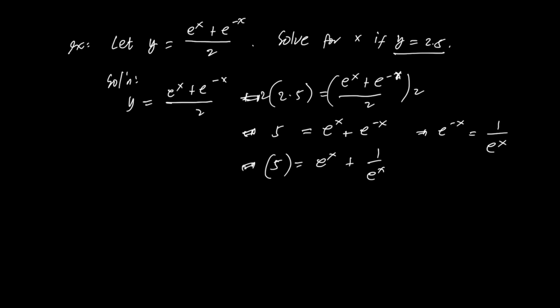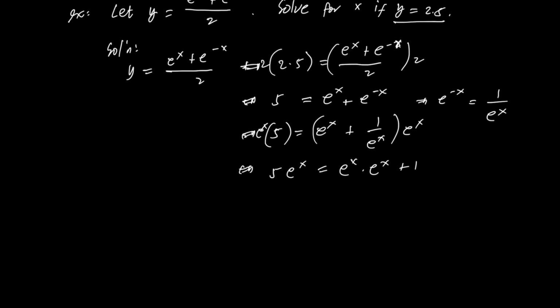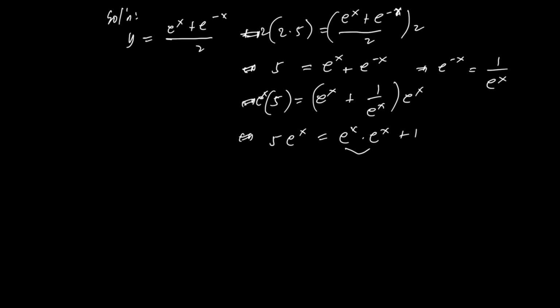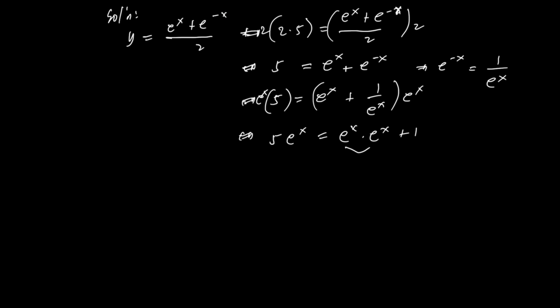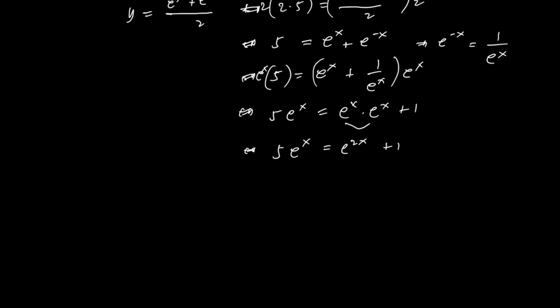So we can multiply e to the x on both sides to eliminate the denominator again to make it simpler to solve. So we have 5e to the x equals e to the x times e to the x plus 1. And this one here is just e to the 2x. So that's 5e to the x equals e to the 2x plus 1.